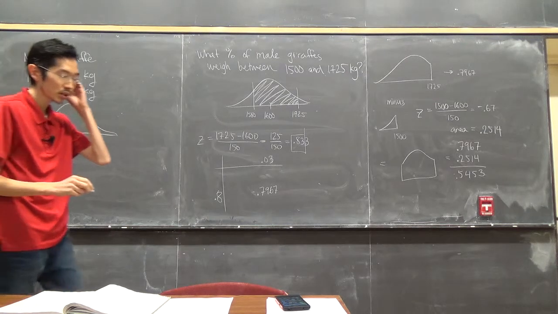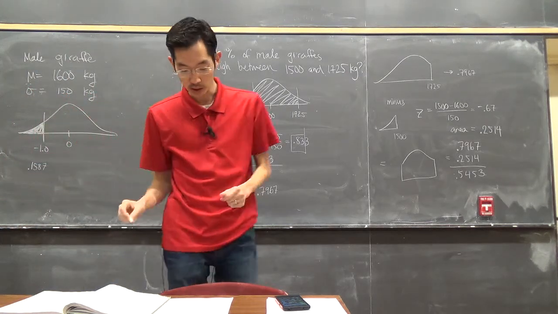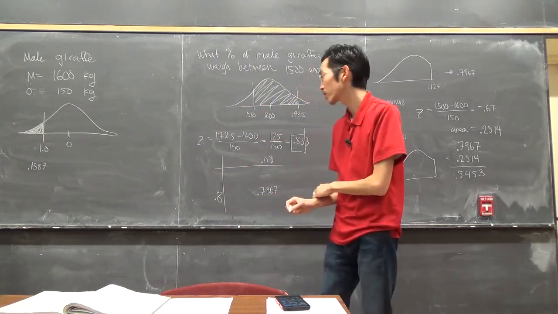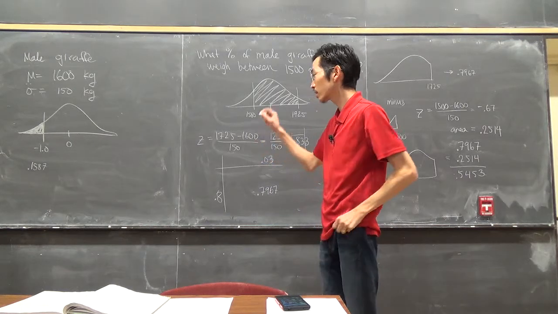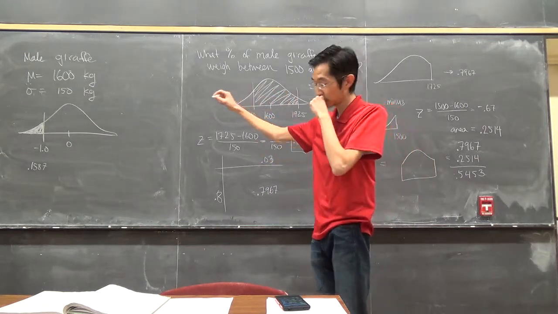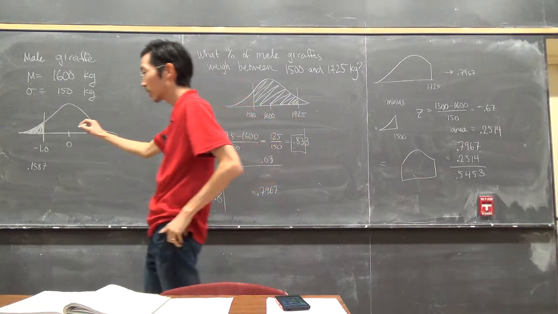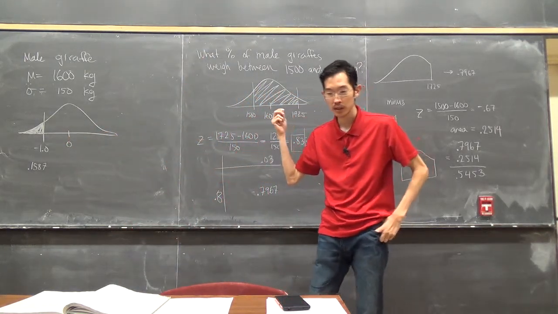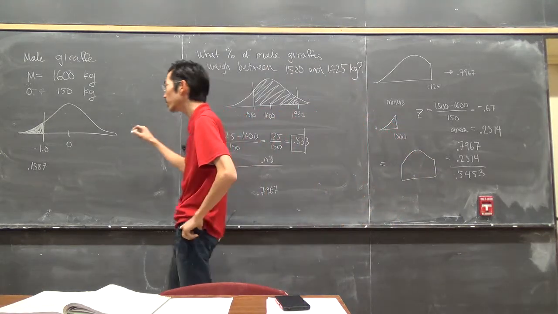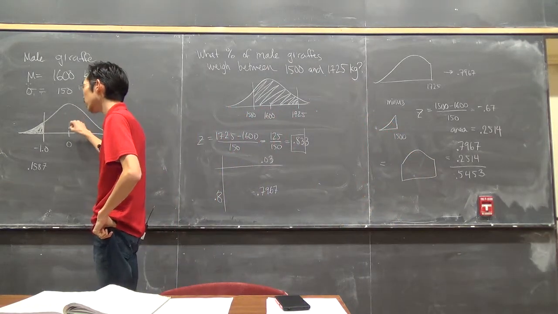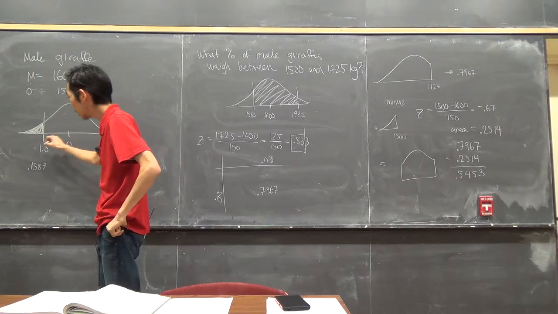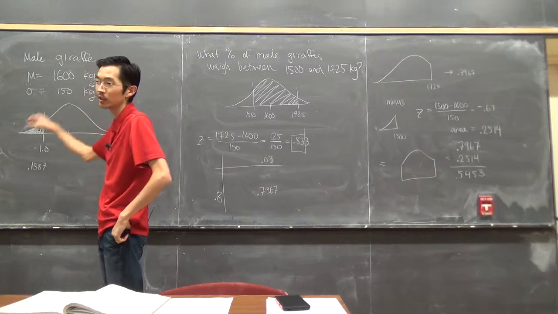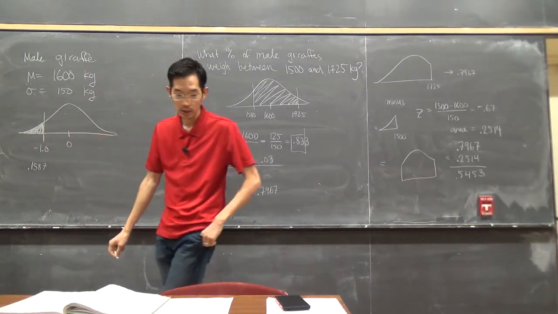When you look it up in the table, you're always getting the area to the left. The reason why in some problems I subtract the area I find in the table from 1 is because that problem is asking for the area to the right. If the problem asks for the area to the right, I take the area to the left and subtract that from 1, because the total area under the curve is always 1.